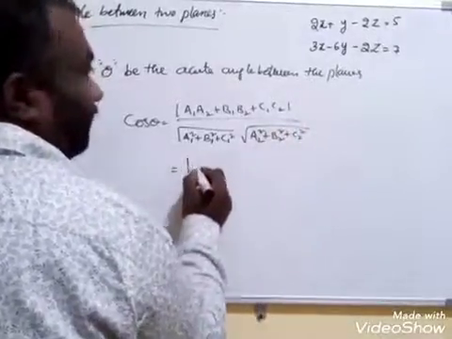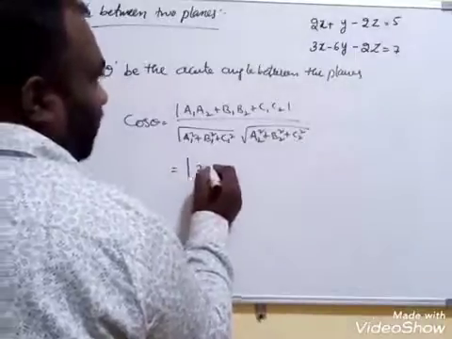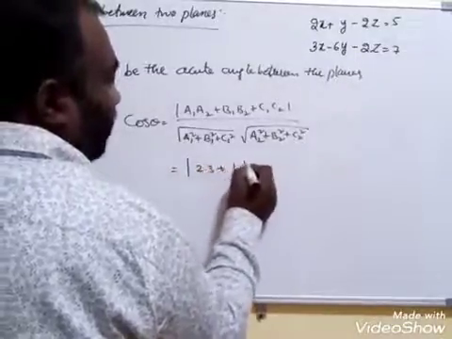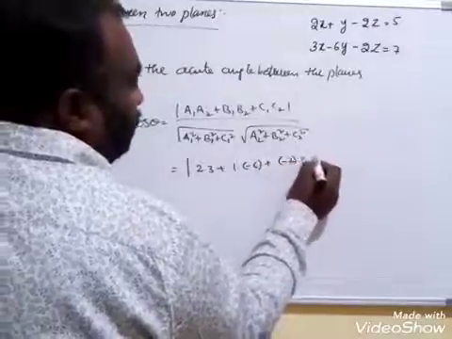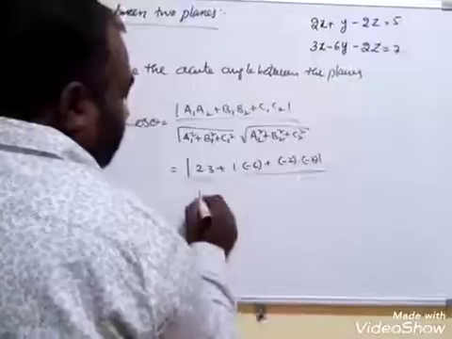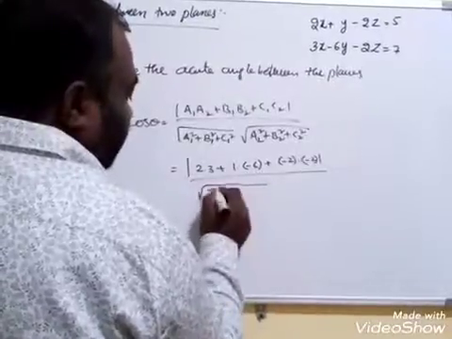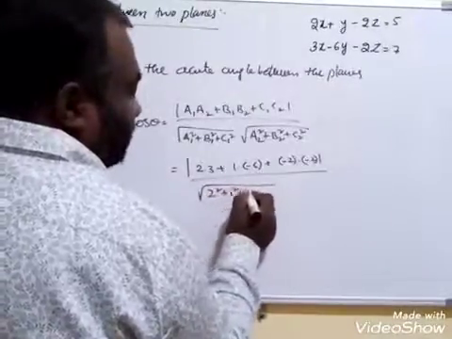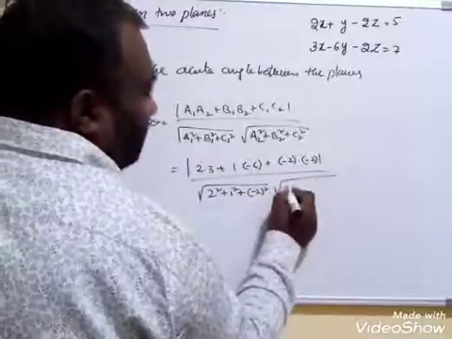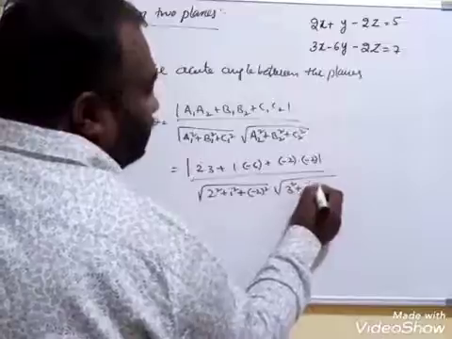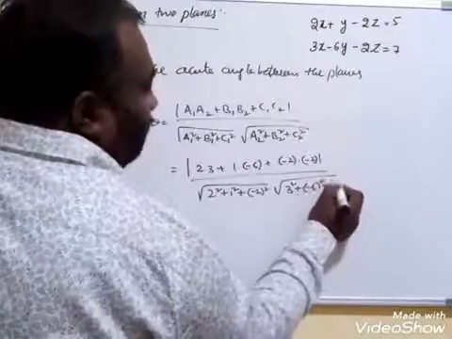Modulus of this is 2 into 3 plus 1 into minus 6 plus minus 2 into minus 2 by root of 2 square plus 1 square plus minus 2 whole square into root of 3 square plus minus 6 whole square plus minus 2 whole square.